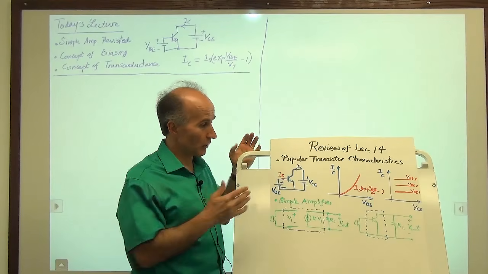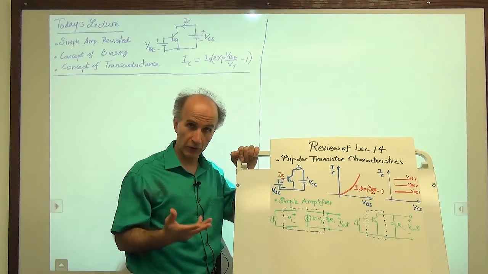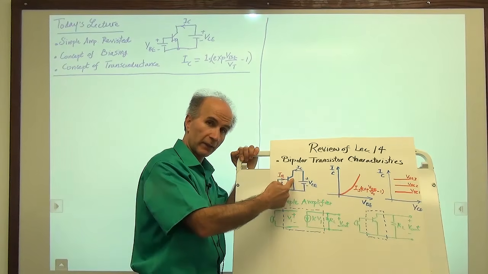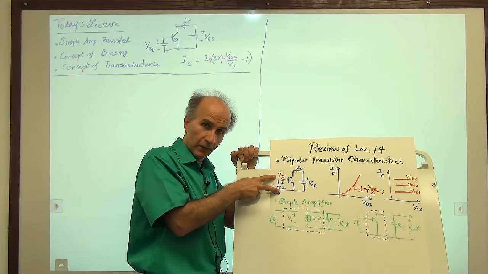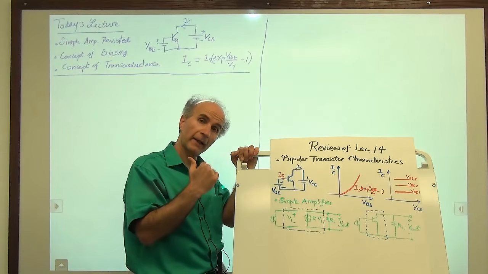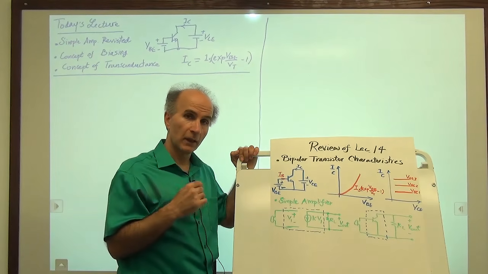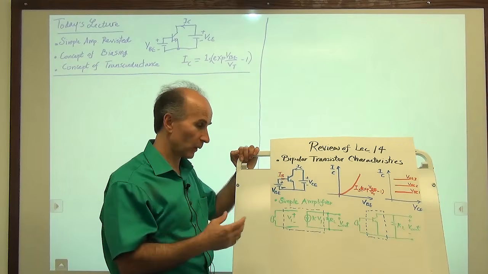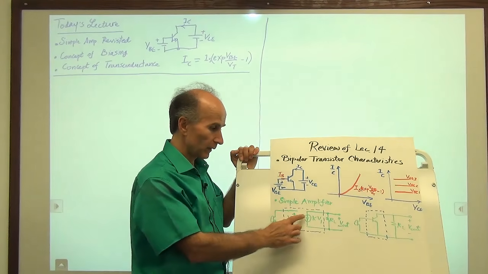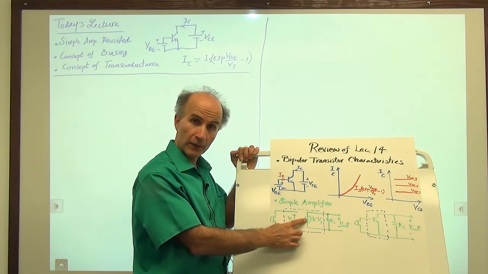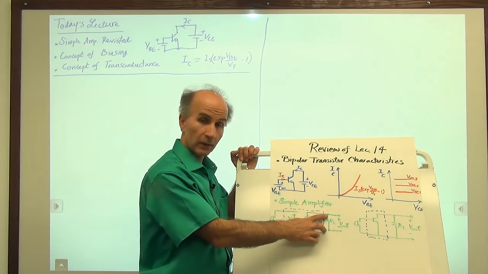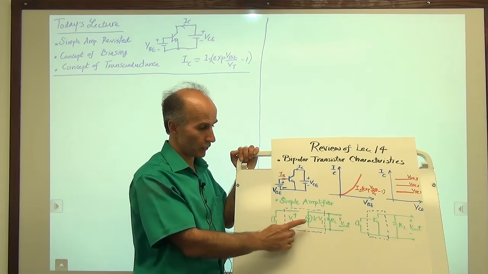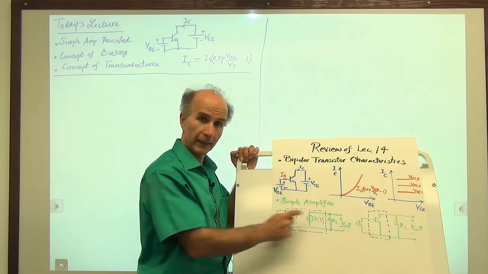So now that we know a bipolar transistor is a voltage-dependent current source, meaning it generates a current in response to a voltage, we can go back to our original vision of an amplifier. If you remember, when we started out, we said, well, if I have a voltage-dependent current source and I connect it to a resistor, this entire circuit can become an amplifier by proper choice of K times RL.